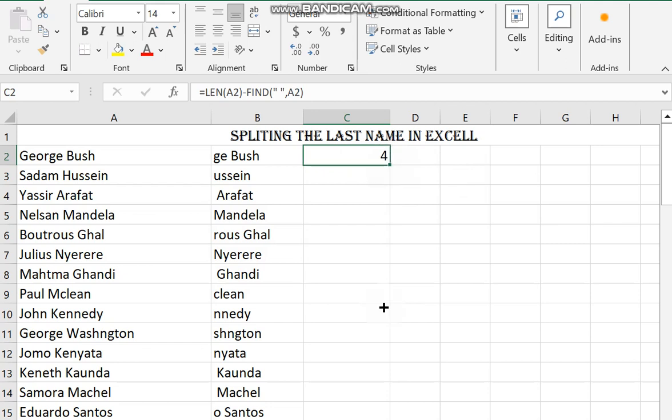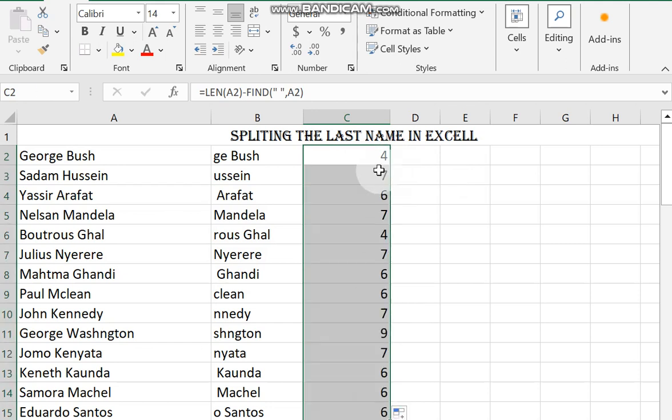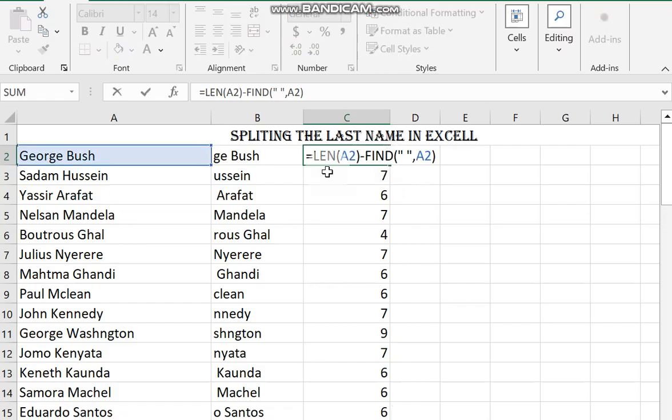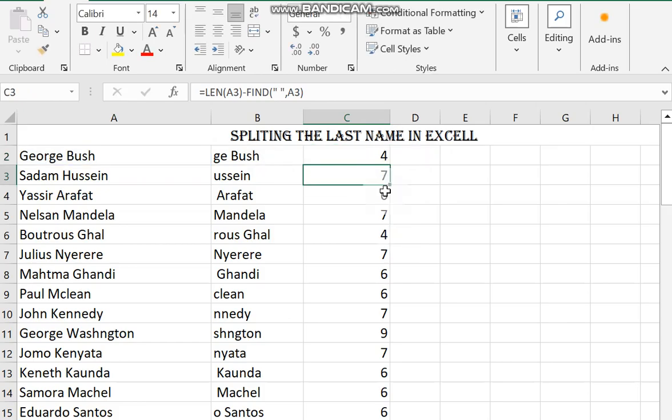Then we are told the remaining length of characters is 4. So this means if the total length minus the length of first name up to space, then the remaining character length is the length of surname. So this is the length of surname.